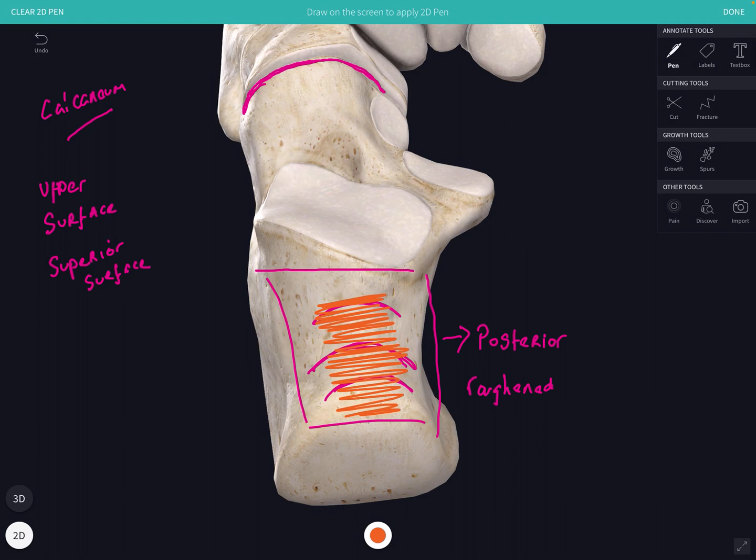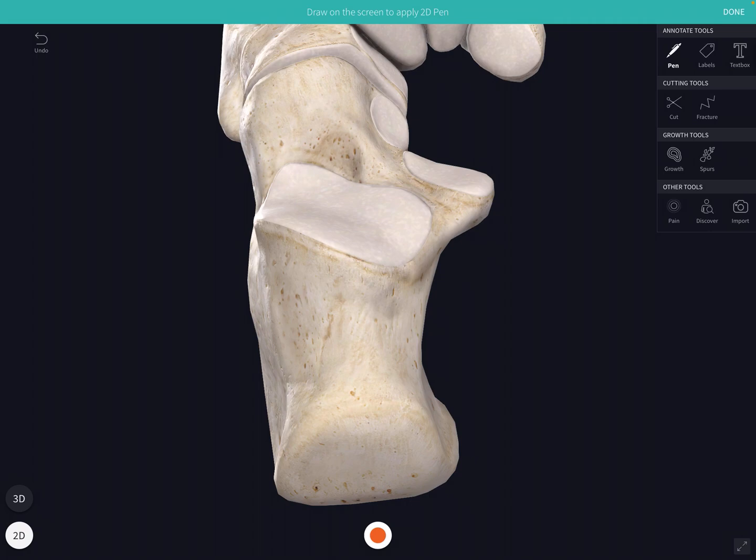So if you think the talus is going to be in here, sat on top of the calcaneum, this fatty area sits between the ankle joint and the Achilles tendon, which will be arising in that position there.